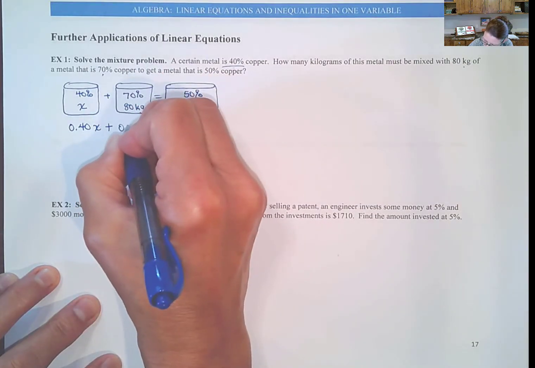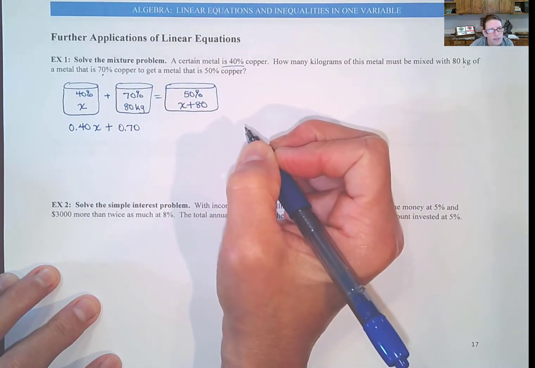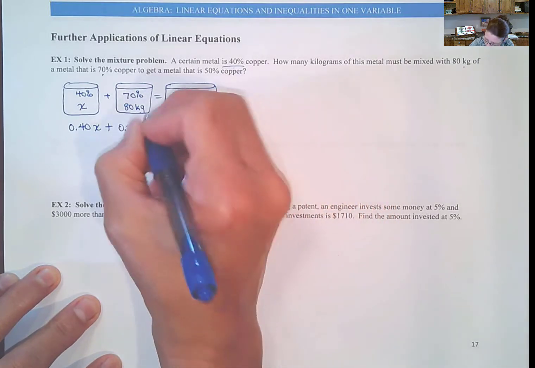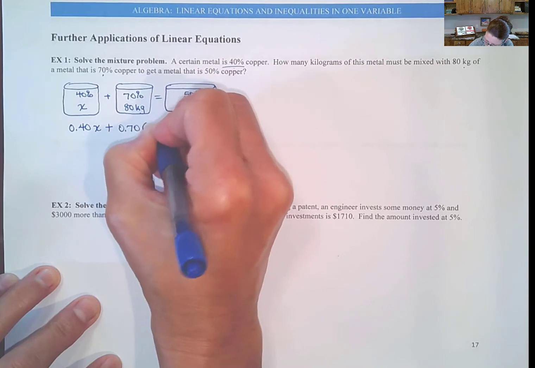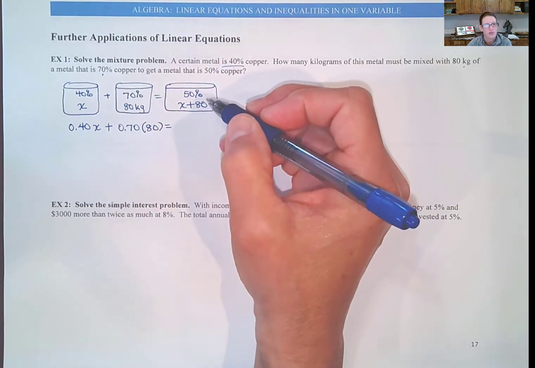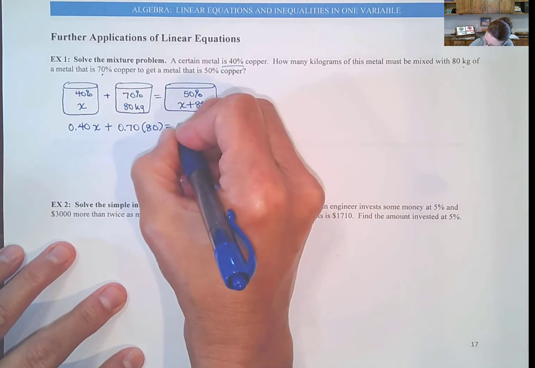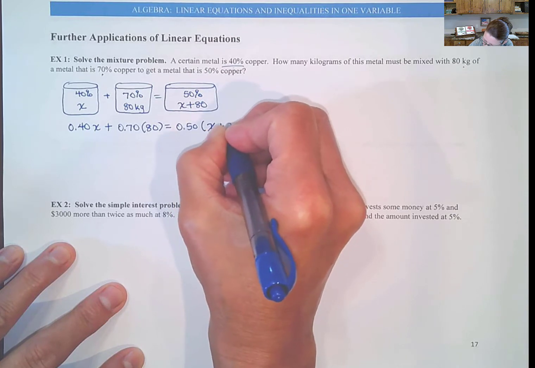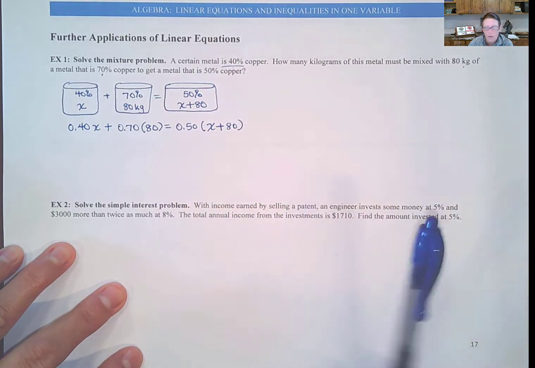We determine that by multiplying 70% in its working decimal form as 0.7, or 0.70, times 80. That should be equal to the amount of copper in the mixture, which is 50% of X plus 80. Now we've got our equation.